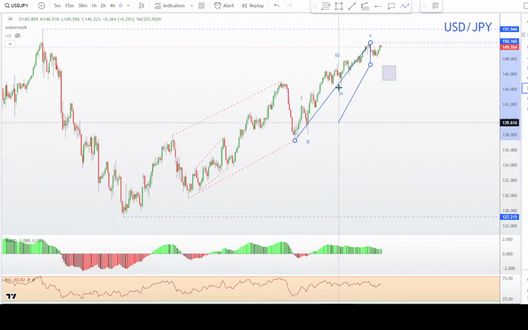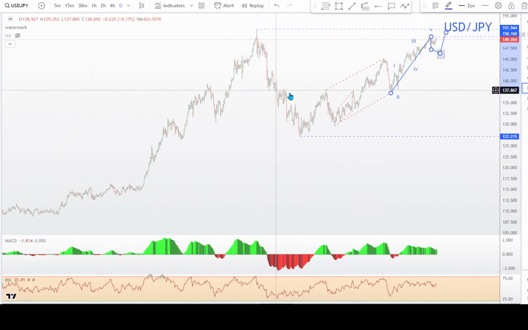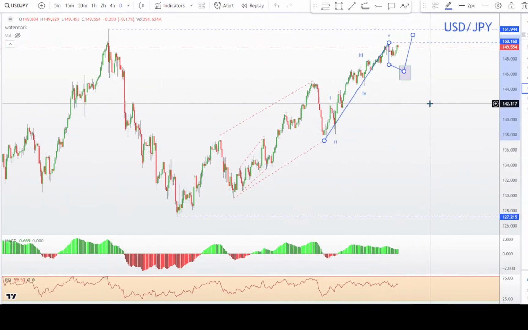So instead of ABC, this could be 1, 2, 3, and I want to see them come down into this zone for 4, and then if they go back up and break, then that's an impulse. And then I think that the yen is going to be making a running flat.